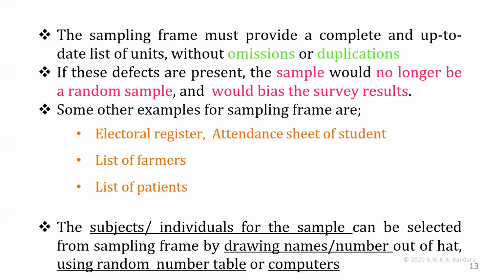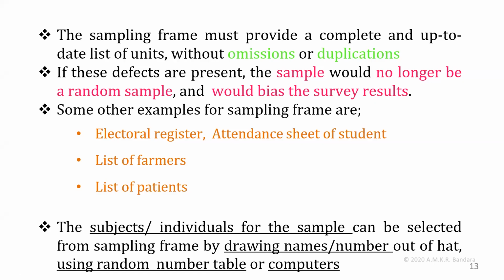Then you can write chits numbered from 1 to 1,000 and roll them and put into container, then mix well, then randomly, unintentionally get one by one 50 chits.